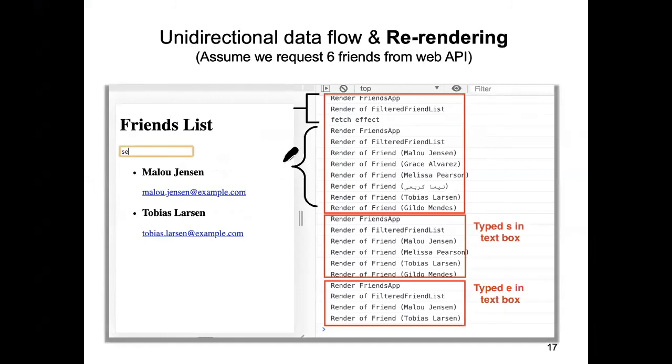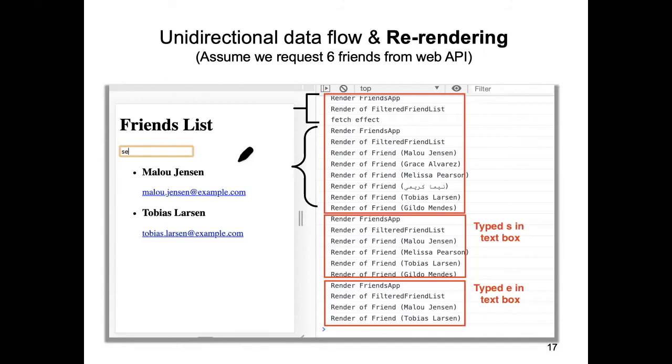Now, I've been concentrating on the top component in my hierarchy and the various re-rendering that happens to that component. But of course, that component has a child, and that child component also has a child. So all of those other components are re-rendering as well. I made this point earlier on, and this screenshot proves that.